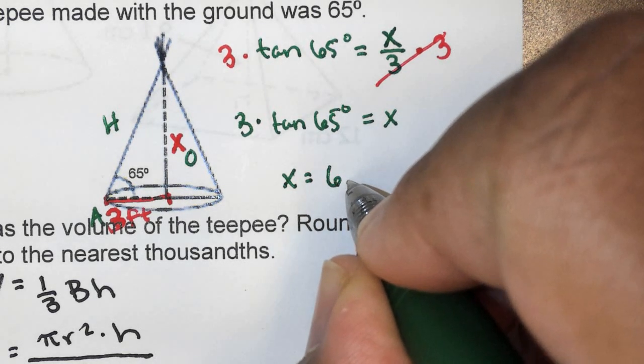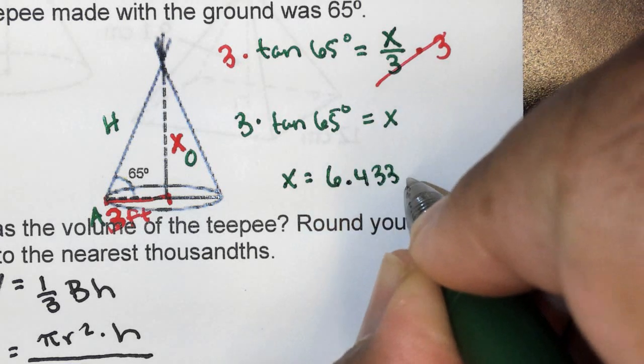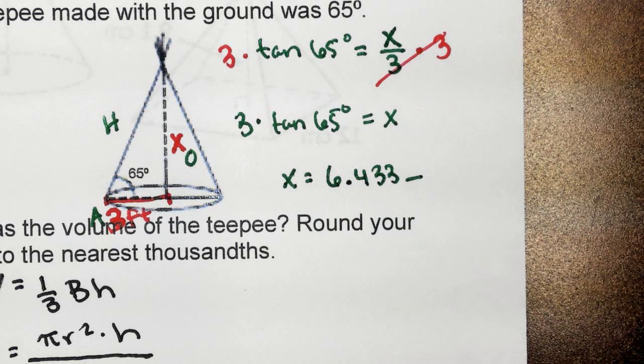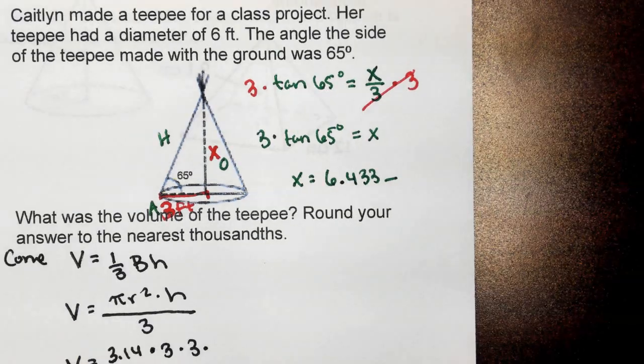Yeah, it's gonna be a repeating. 0.433 something something something. Hold that in the calculator. We'll use it. Zoom it back out a little bit.